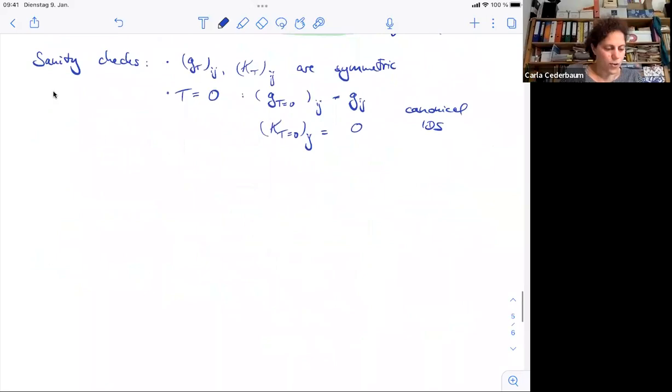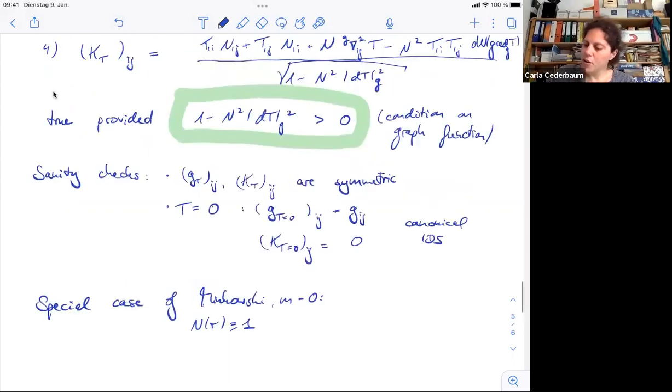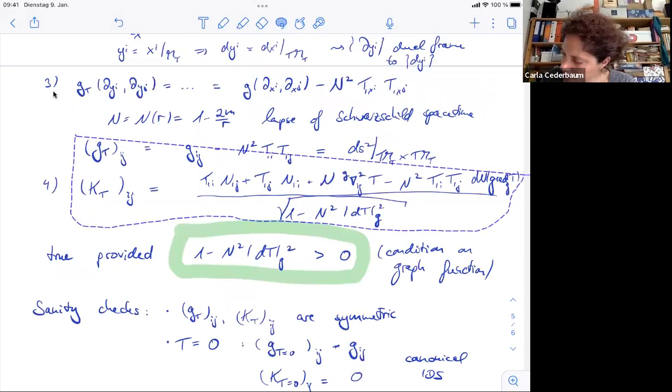Okay, so let's look at the special case of Minkowski. m equals 0, and then this means that n of r is just 1 for all r. And then if we go back to these formulas, I'll just copy the formulas and then we will see what happens.